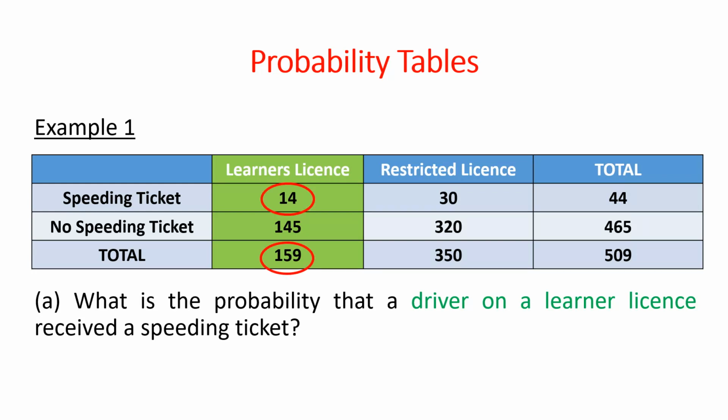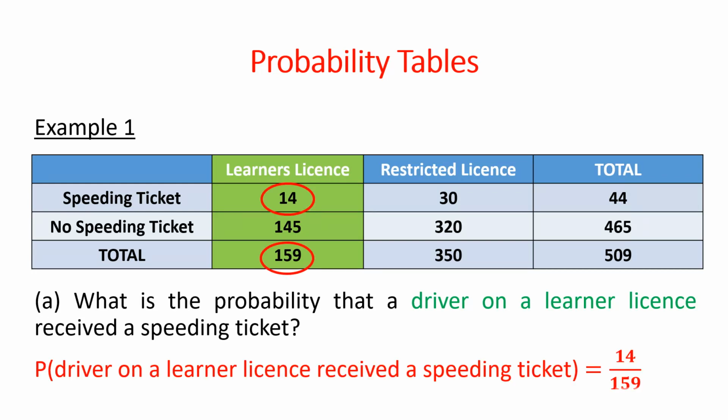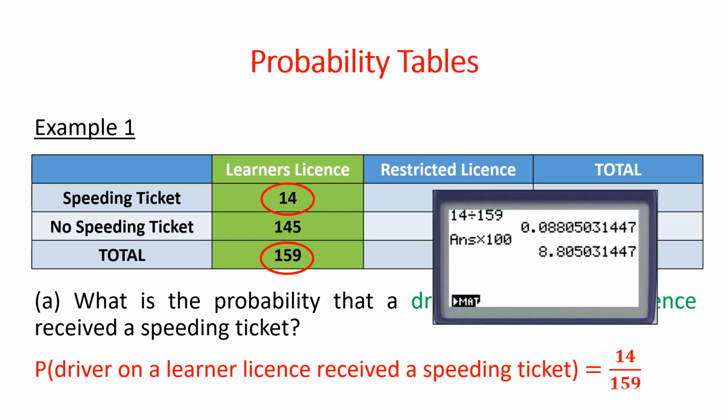So that's going to be 14 out of 159. So the probability a driver on a learner license received a speeding ticket is 14 out of 159. You could convert that to a decimal or a percentage, but because we have to do a bit of rounding, I personally think it's not worth it, and I'd rather leave it as a fraction.